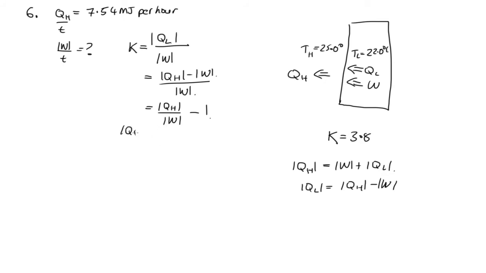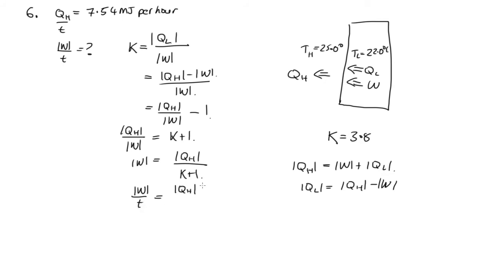So we've got QH over W is equal to K plus 1. And so that tells us that work is equal to QH over K plus 1. Now what we're actually trying to find is work over time. So we have that the work over time is equal to, because I've divided this side by time, I need to divide this side by time.